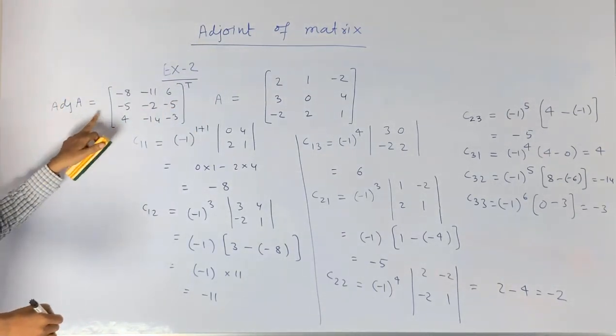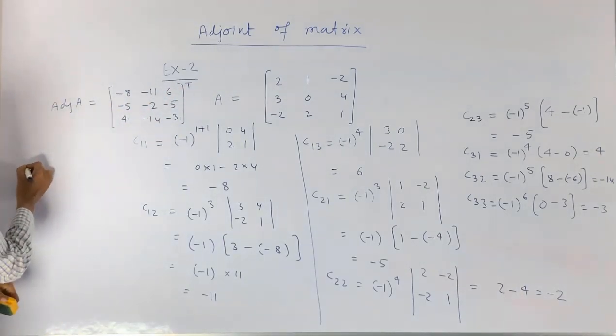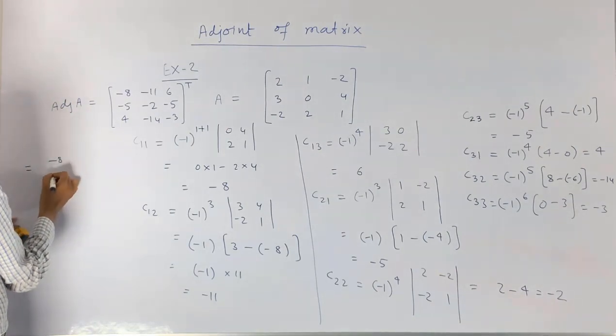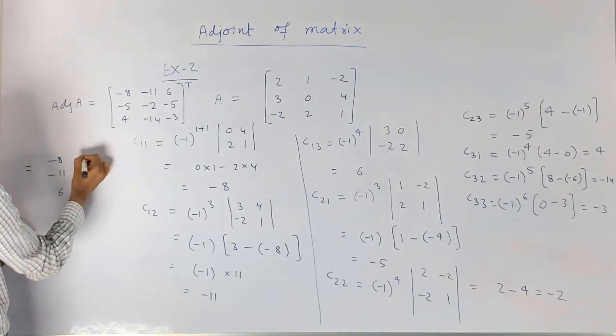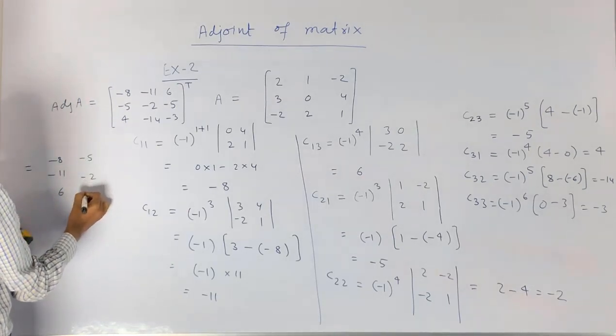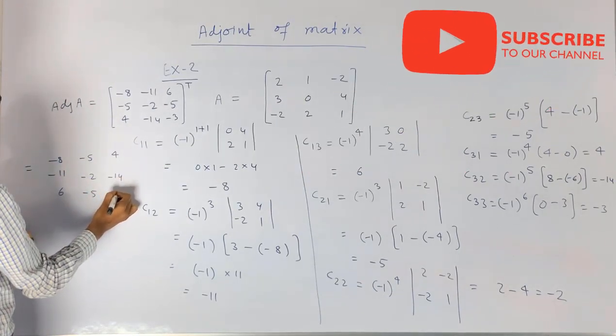Adjoint A is equal to the transpose of this matrix. So finally, we can write minus 8, minus 11, 6, minus 5, minus 2, minus 5, 4, minus 14, minus 3.